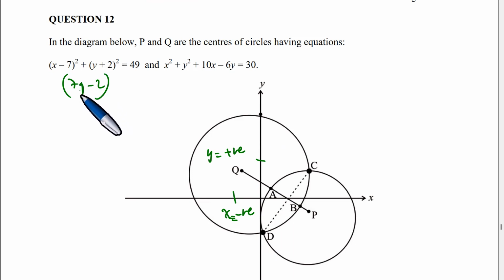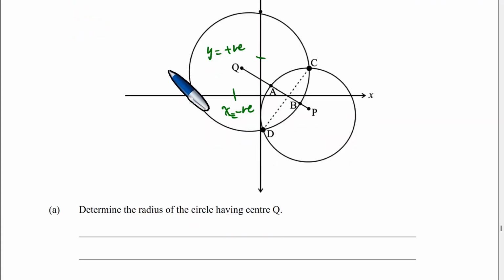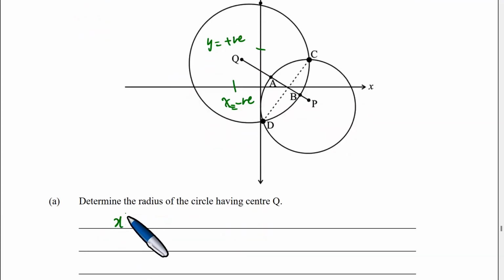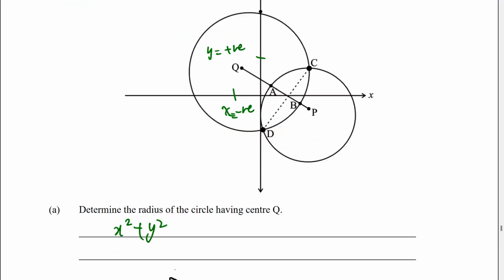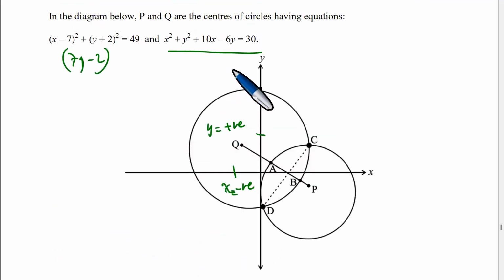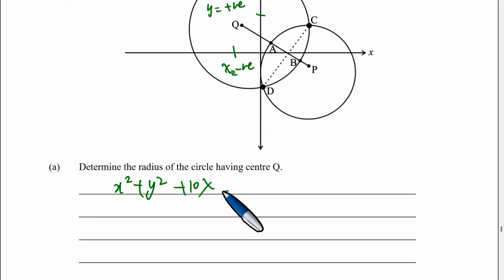Because if it's 7, then x is positive, and x must be negative. So it has to be this equation. We're going to take that one and manipulate it. It is x squared plus y squared plus 10x minus 6y equals 30.